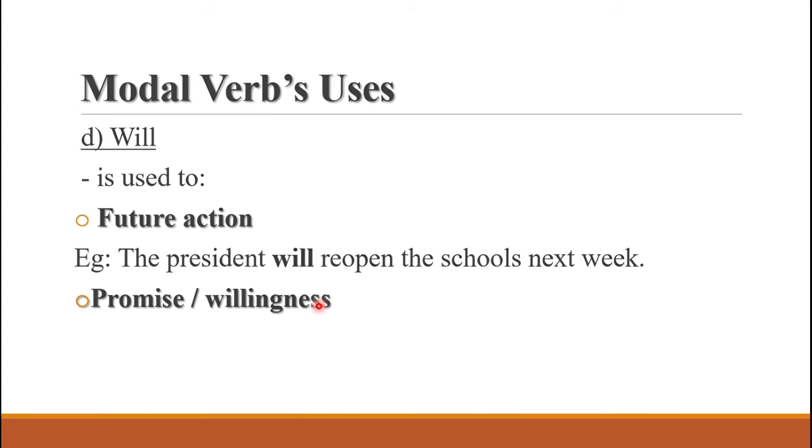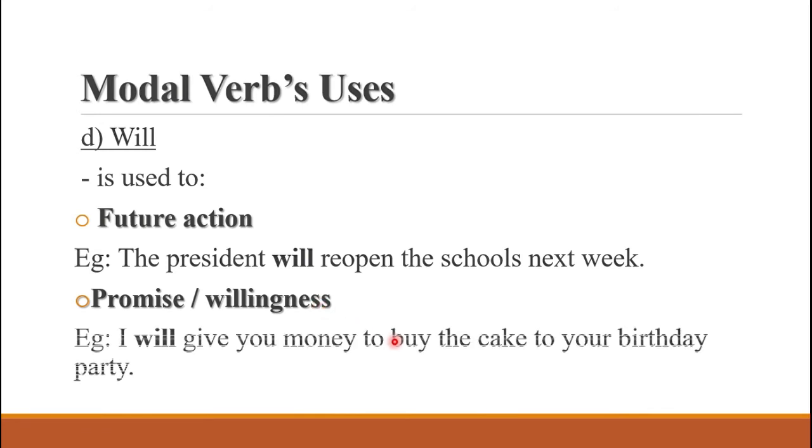We use it also to promise and for willingness. For example, I will give you money to buy the cake for your birthday party. I'm promising someone: I will give you money. Ok? I'm not giving at the moment, não estou a dar do momento, mas eu darei, é uma promessa, não é?